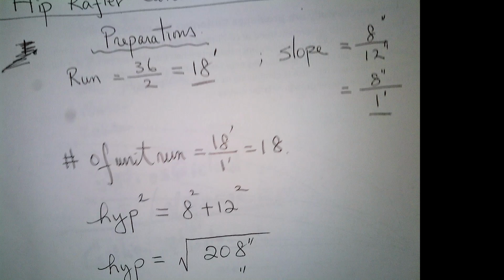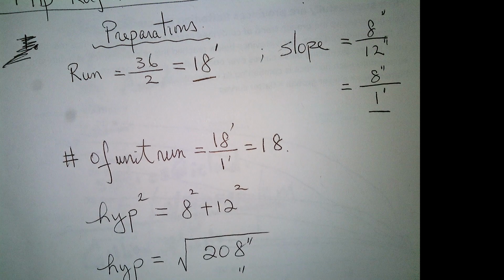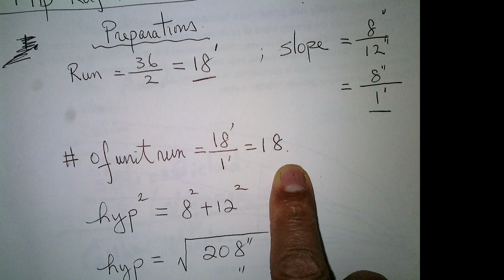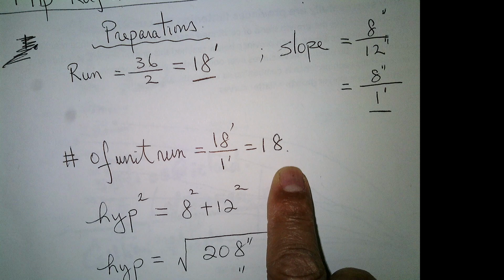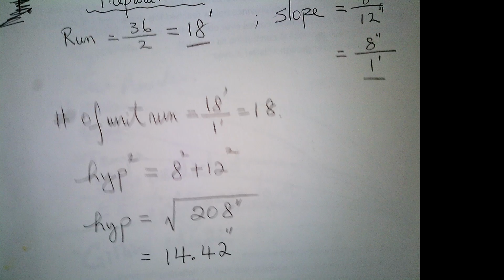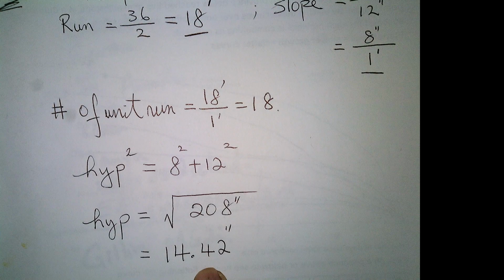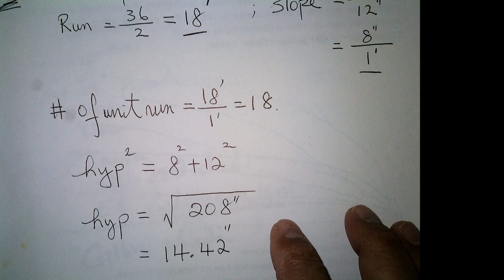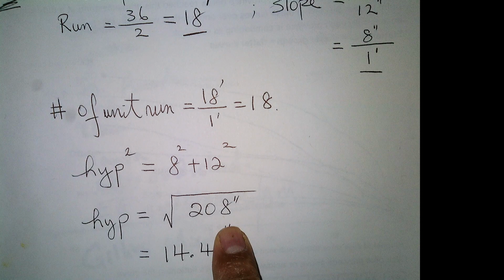First of all I come up with the number of unit runs, then using the slope, calculate the hypotenuse. You're going to get a copy. Like I said, the rafter unit is asking you to use either Pythagoras or similar triangles, all right?